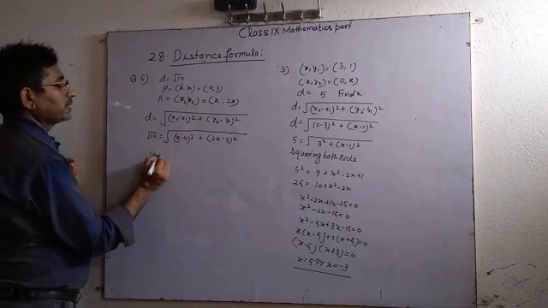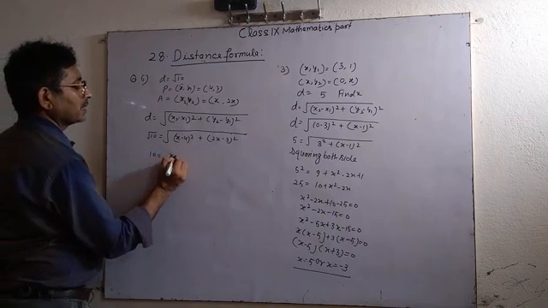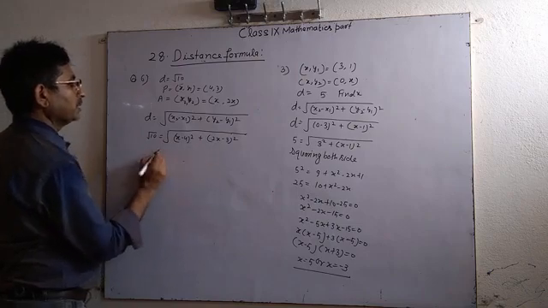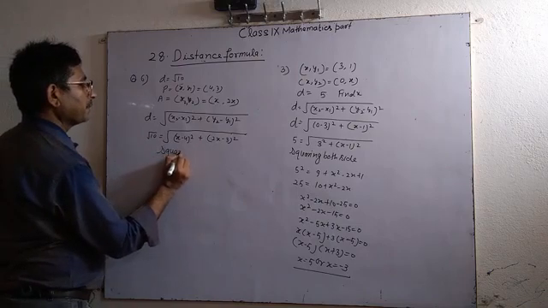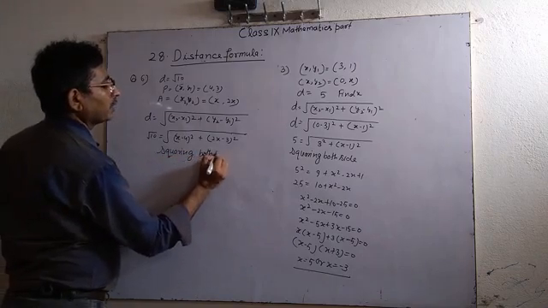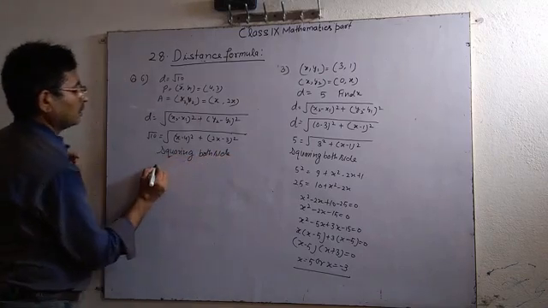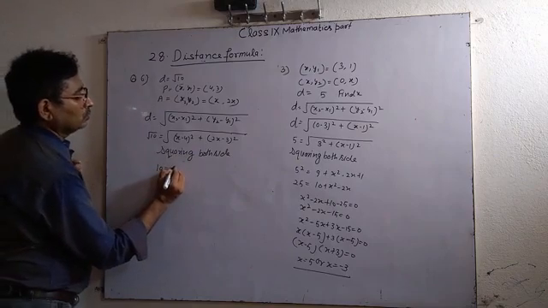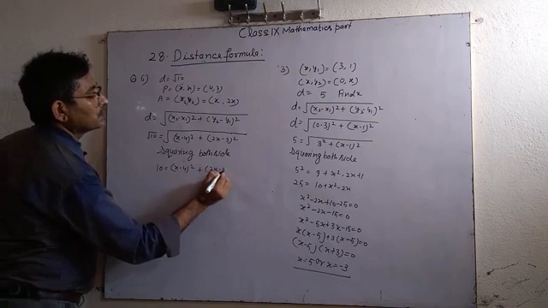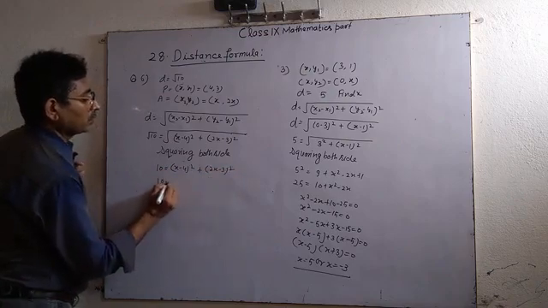Squaring both sides, 10 equals x minus 4 whole square plus 2x minus 3 whole square.